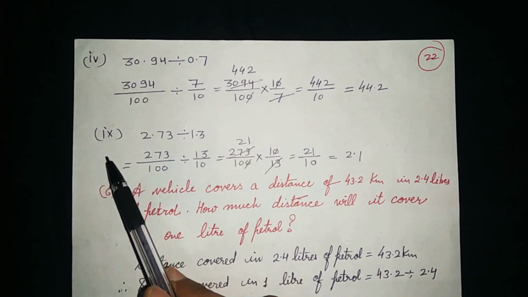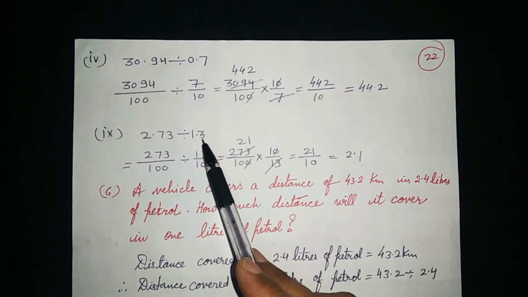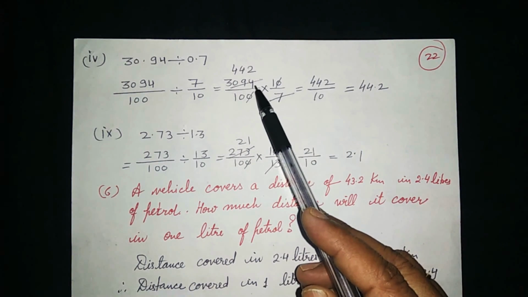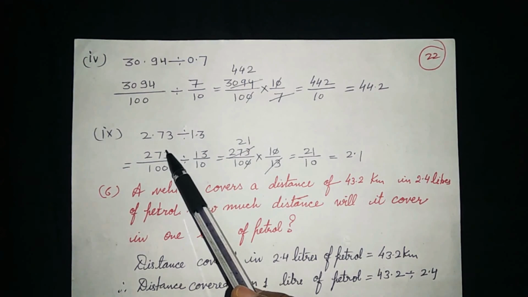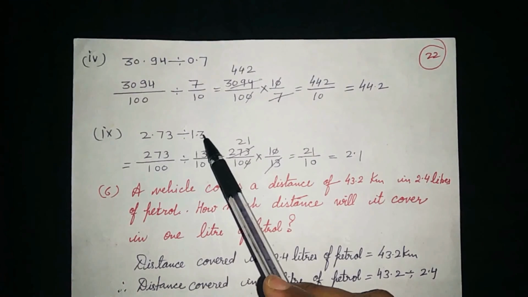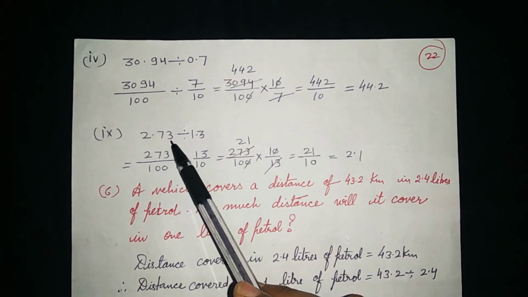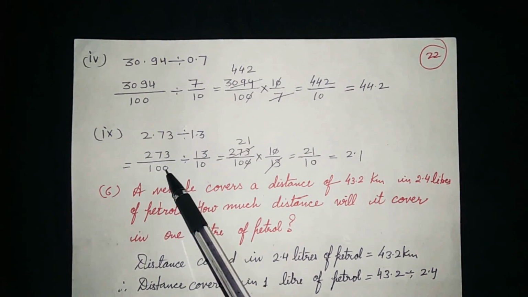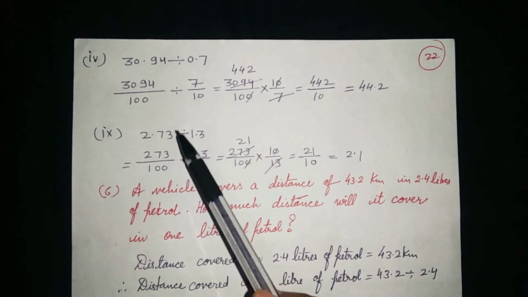Now see the ninth part. The ninth part of the question is 2.73 divided by 1.3. You have solved the fourth part here. Just like the fourth part, you will solve the ninth part. Here also both the numbers are decimal numbers, and both we will write in the form of fractions. So for 2.73 we will write 273 upon 100, because after the decimal we can see 2 digits.